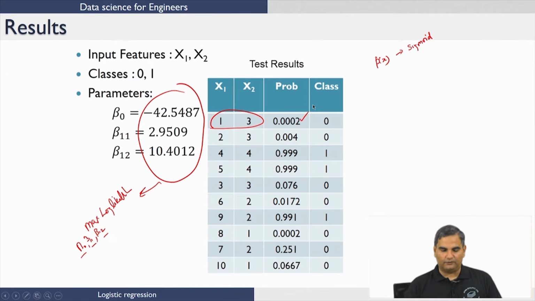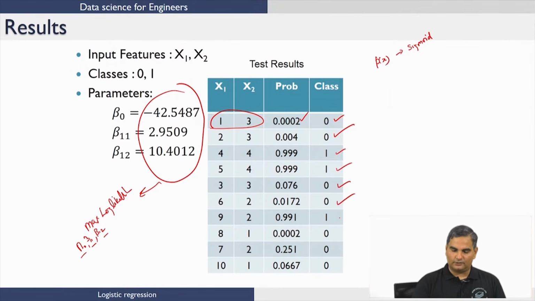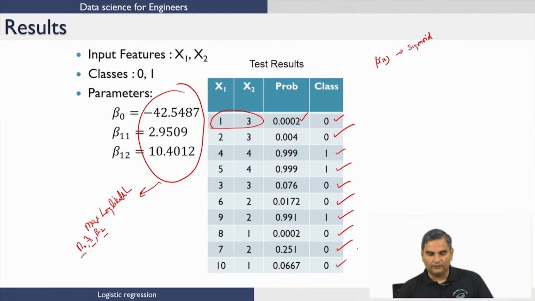Let us say the first data point, when you plug in, you get a probability this. If we use a threshold of 0.5, then anything less than 0.5 is going to belong to class 0, and anything greater than 0.5 is going to belong to class 1. So, you will notice that this is class 0, class 1, class 1, class 0, class 0, class 1, class 0, class 0, class 0, right.